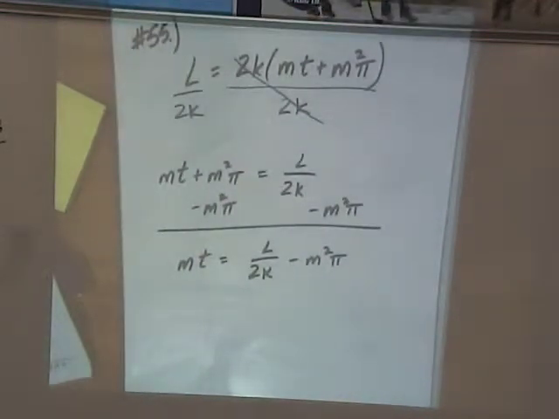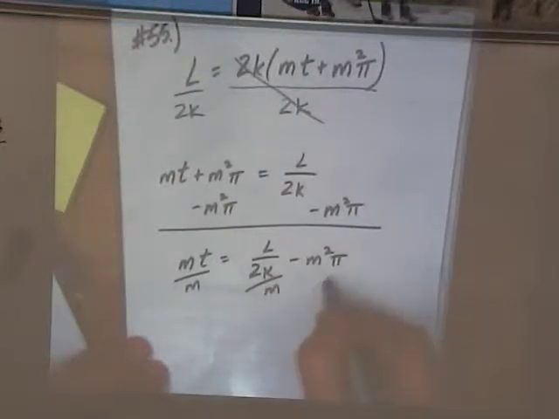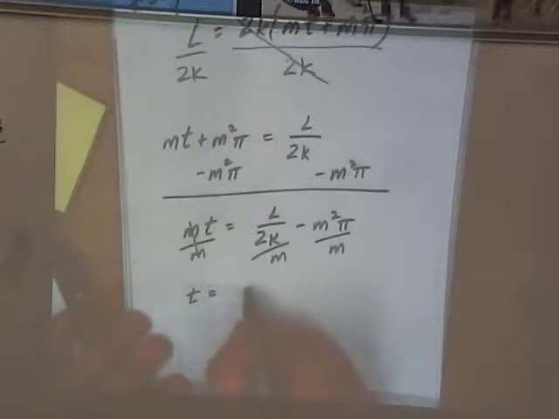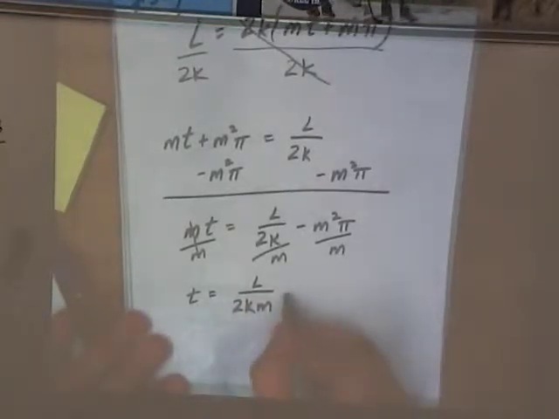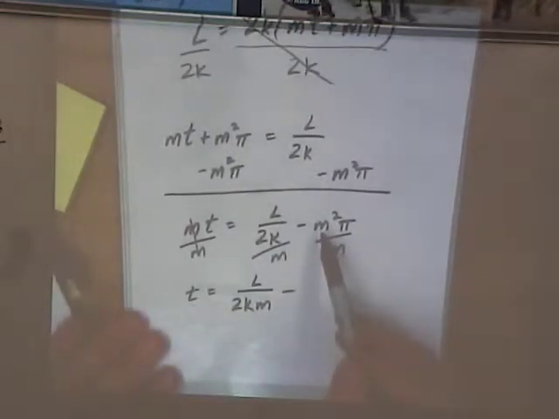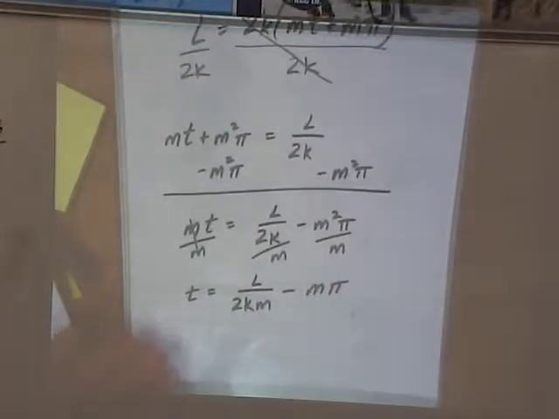And then divide by m, since we're trying to solve for t, right? So I've got t is equal to L over 2km minus, here I've got two m's up top and one on the bottom. So 1 m top and bottom will cancel out, so it'd just be minus m pi.